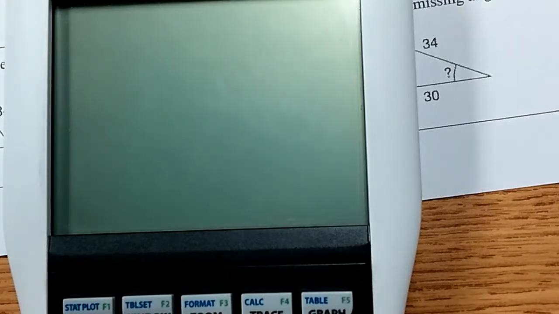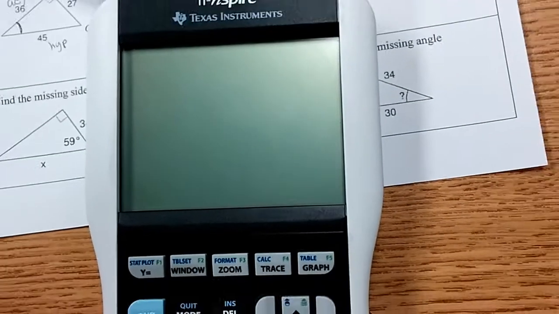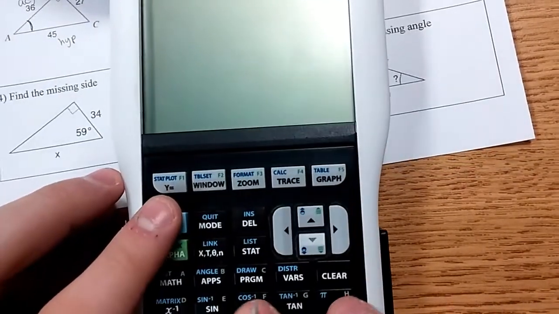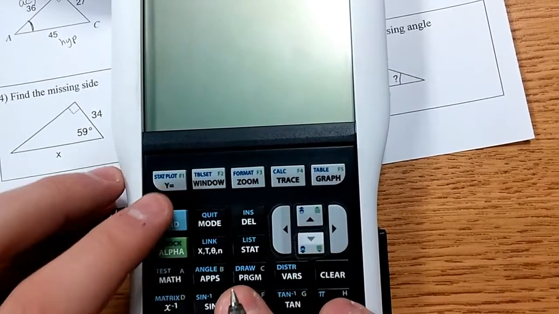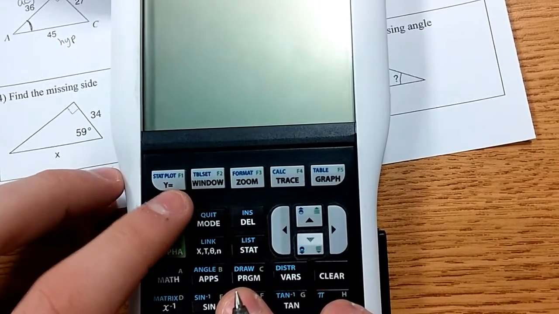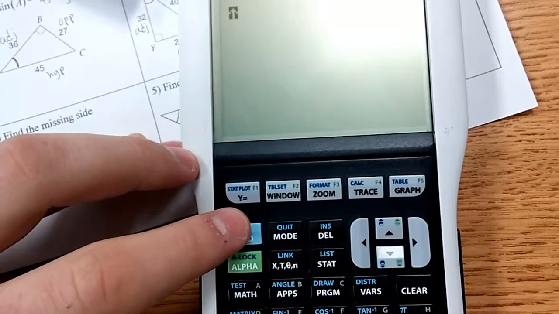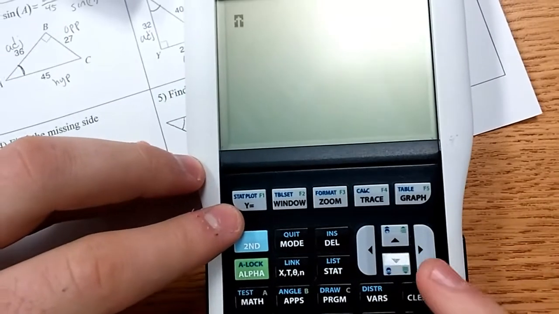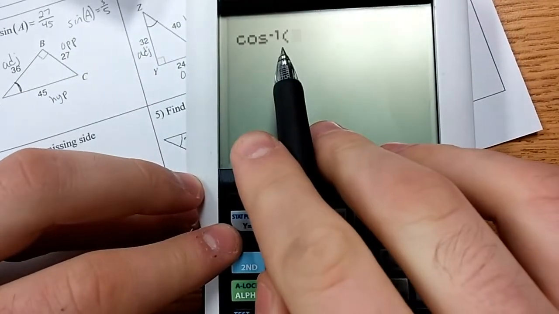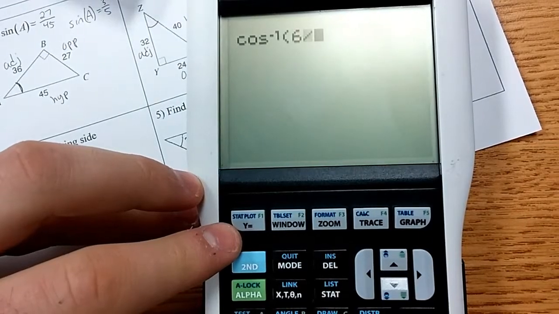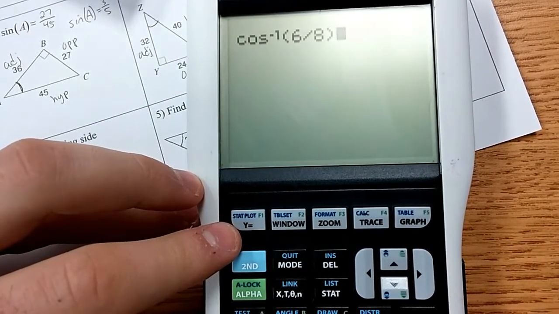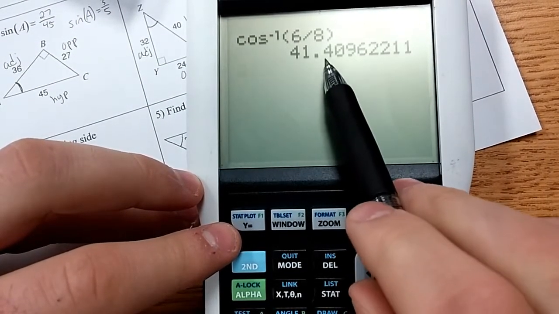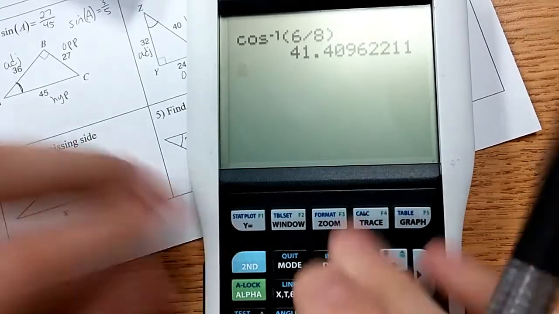So, in case you're wondering how to type it in, zoom out here. If you press the second button, and then press cosine, it brings up inverse cosine. Type in 6 divided by 8, 6 over 8, and you get 41.41, we'll call it, degrees as an angle.